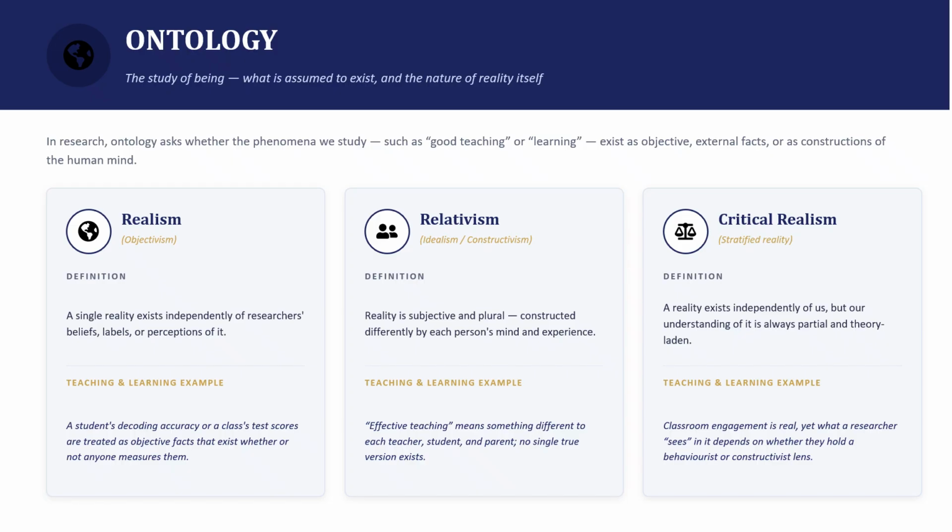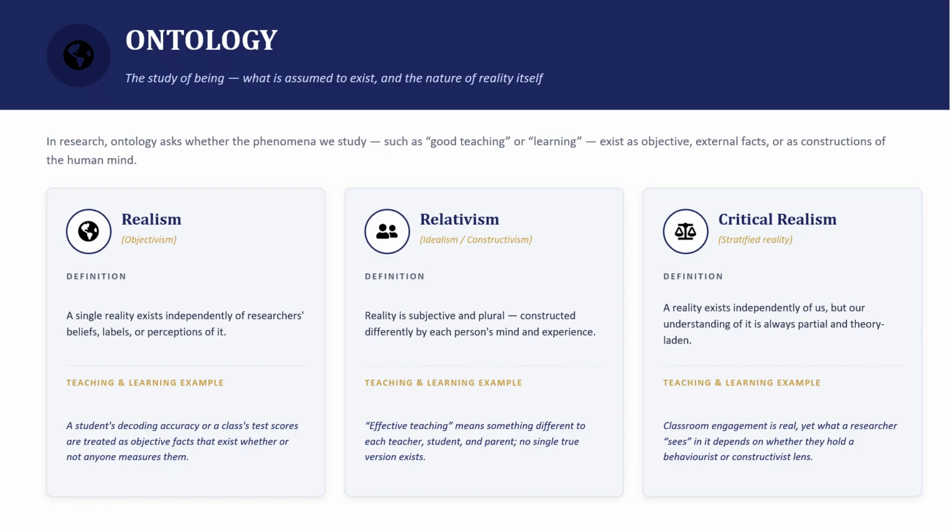That comes under relativism. Now you can understand. You must have this particular understanding about the ontology of your research topic, of your research study, whether you are going to look at one particular reality or whether there's only one reality for your research, or a number of realities.